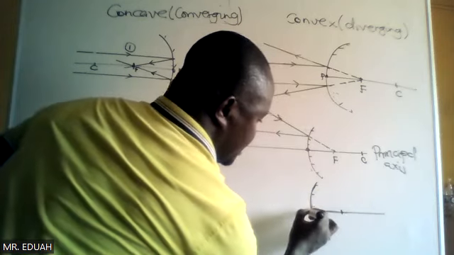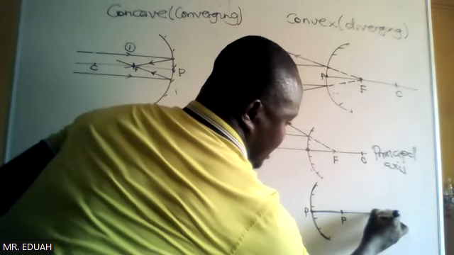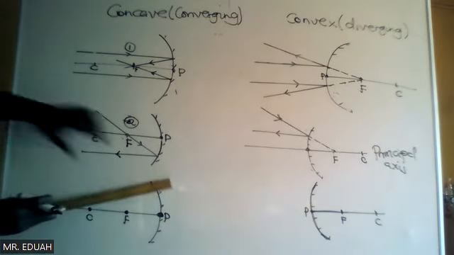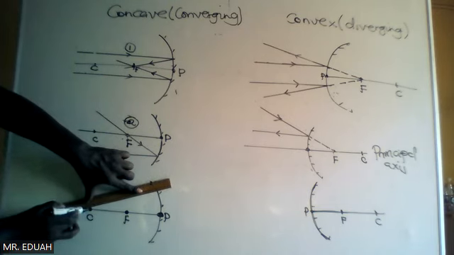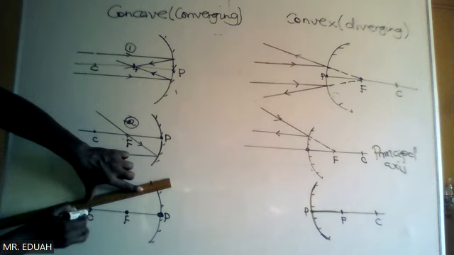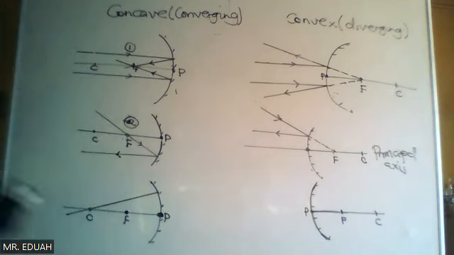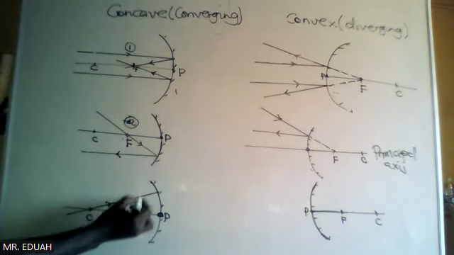F is here, P is here, F is here, the same measure, C is also here. A ray of light hitting the mirror at 90, normally, reflects along the same path.